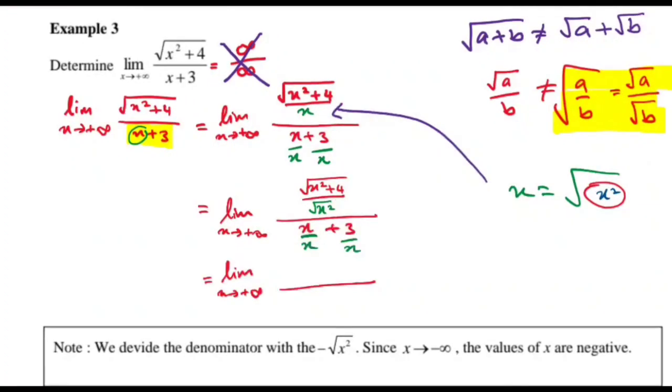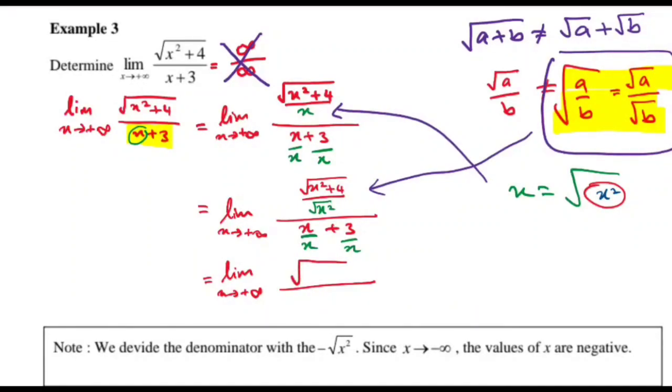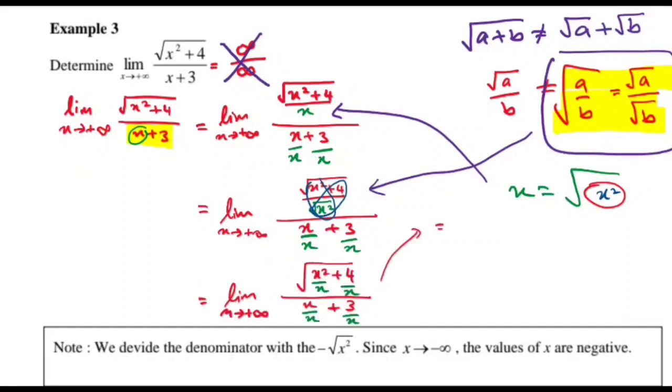And then we can also apply this property so that we can combine those two square roots to be one big square root. And then we can divide each of the terms with x squared, like this. And then after that, simplify. X squared divided with x is just x power 1, and x divided with x is 1. And then write your simplified version.